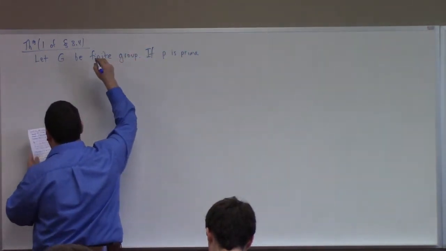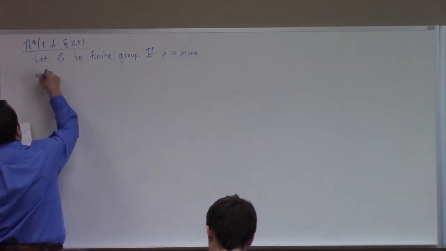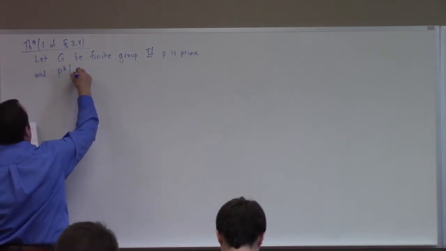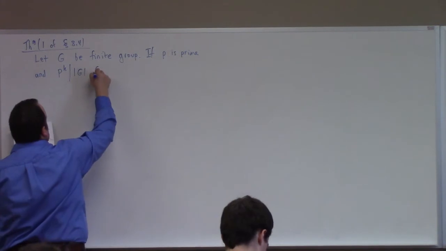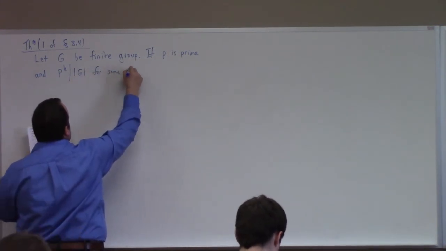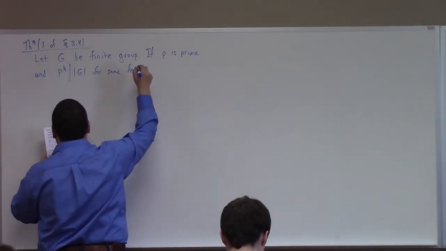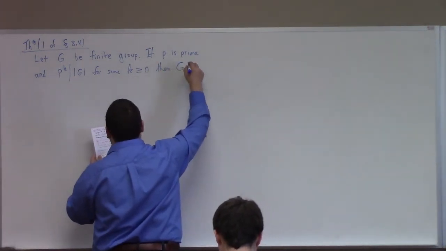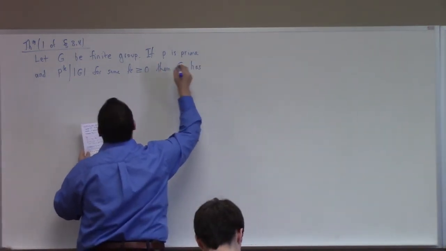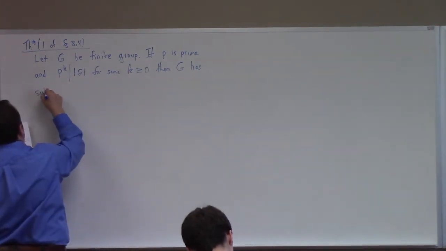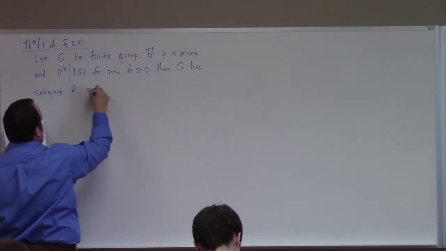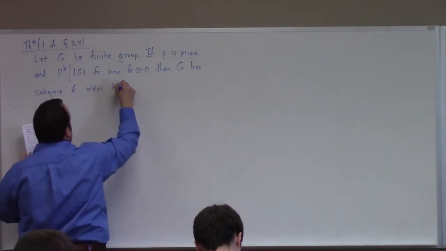If p is prime and p to the power k divides the order of G for some k greater than or equal to 0, then G has a subgroup of order p to the power k.